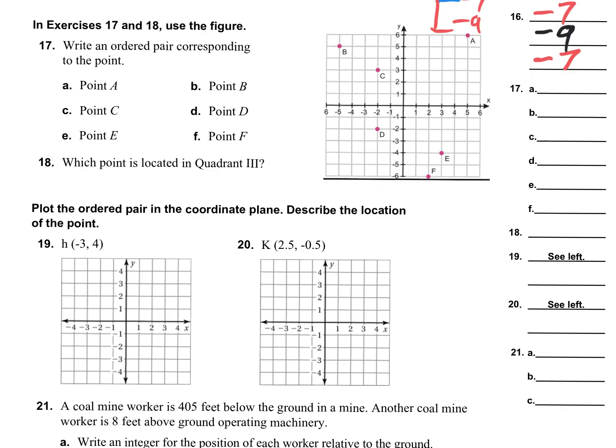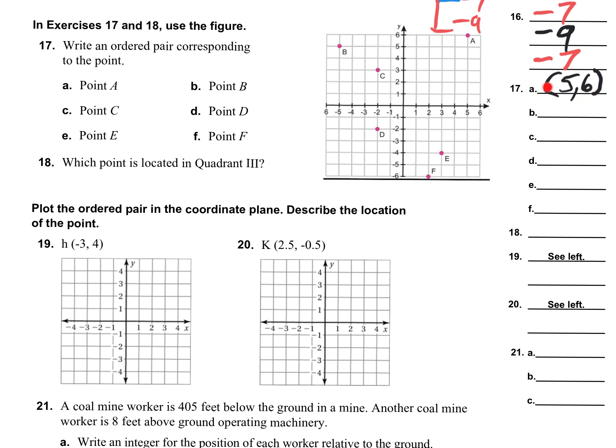Okay, so for 17, we need to write the ordered pair that corresponds to each point. So let's start. Point A. Remember, we start at the origin, and we walk over to the tree, which is 5, and we climb the tree, which is 6. So my answer would be written like this, (5, 6).